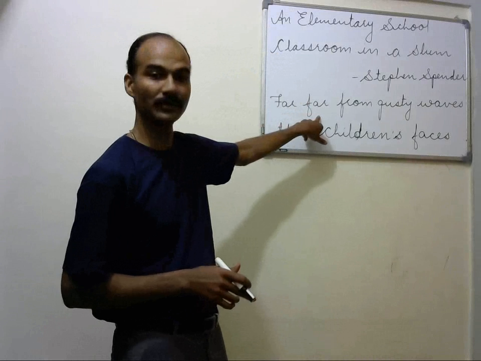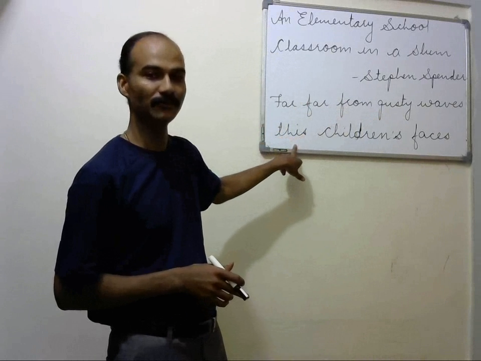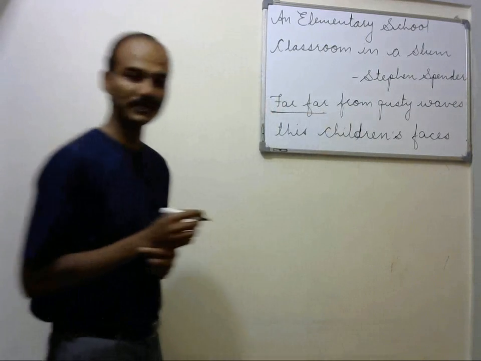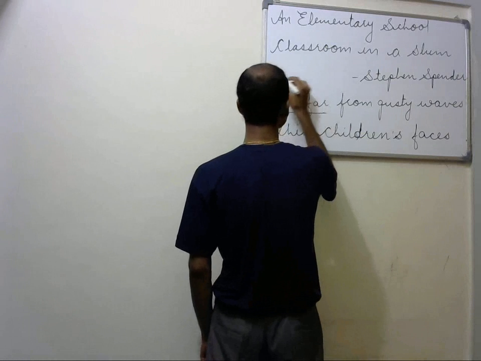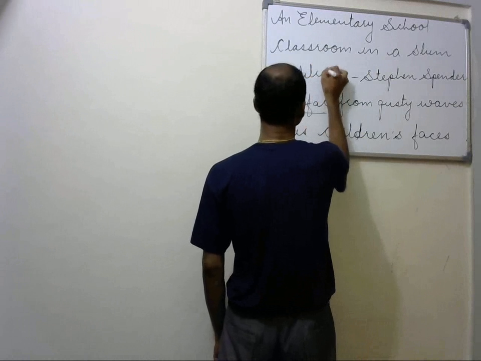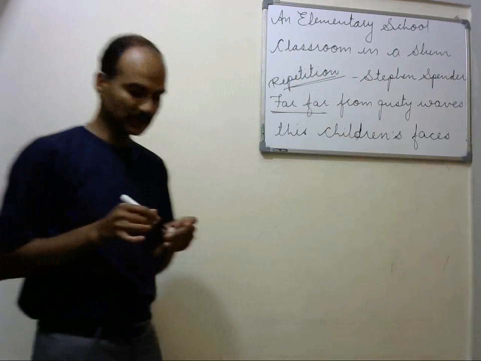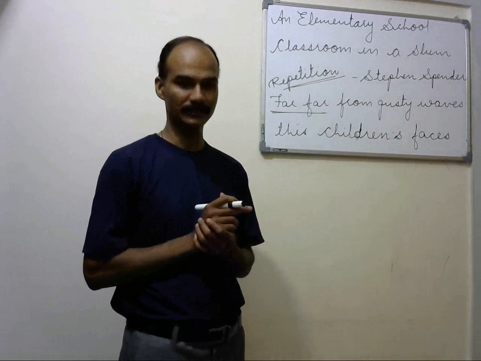Far, far from gusty waves, these children's faces. In the very first line we find a figure of speech: far, far, which means the poet has used repetition here, which involves alliteration as well.